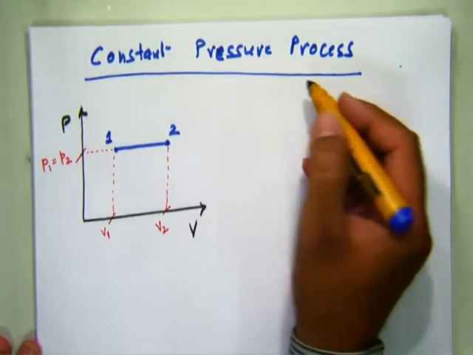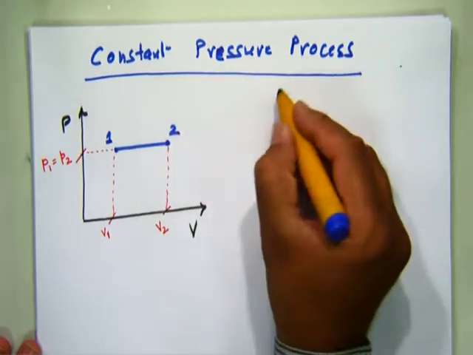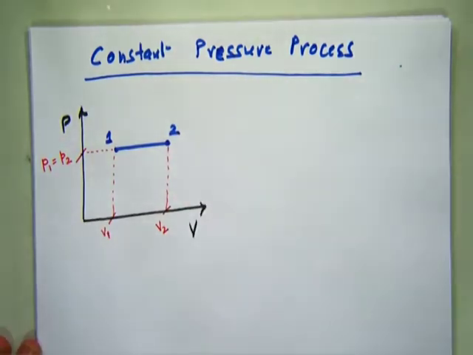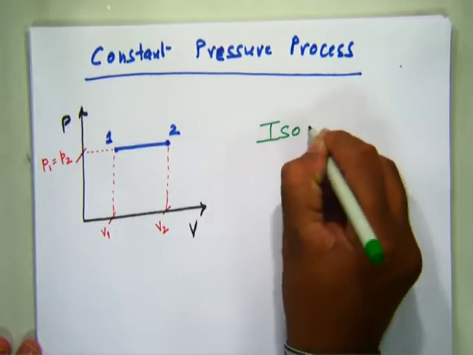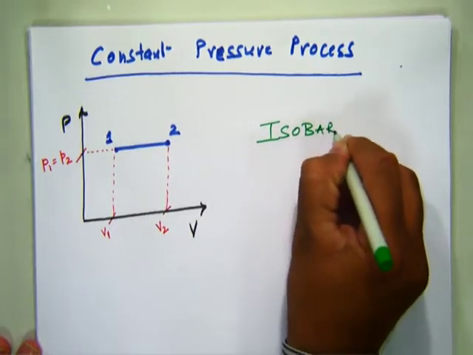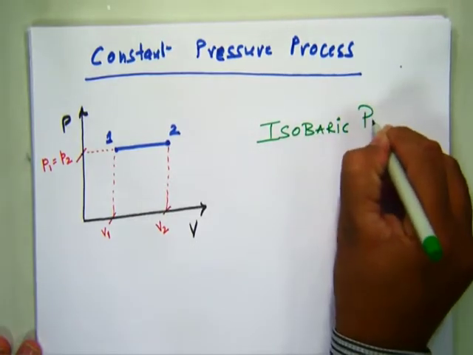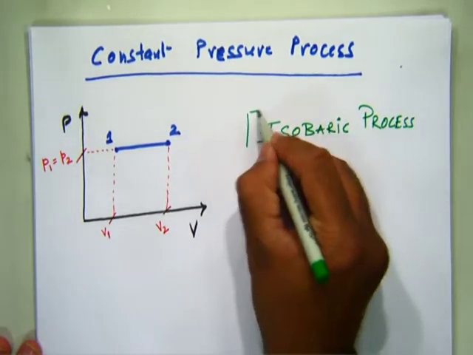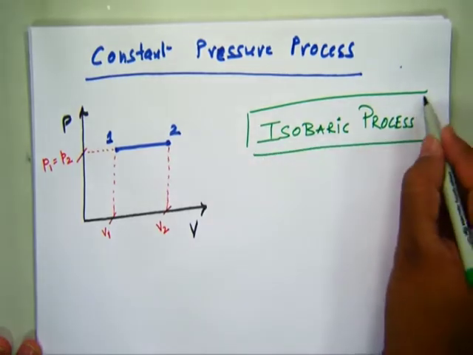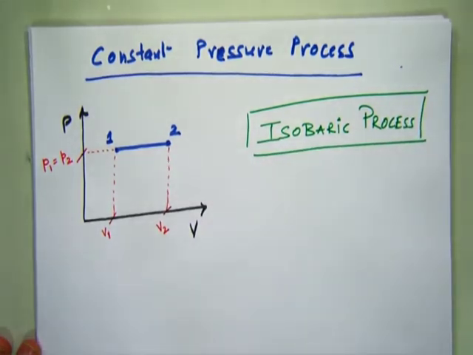So this constant pressure process is known as isobaric process, because the pressure remains constant.